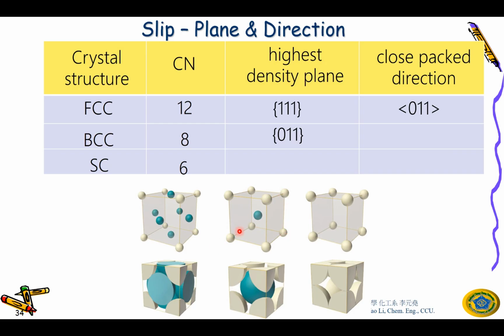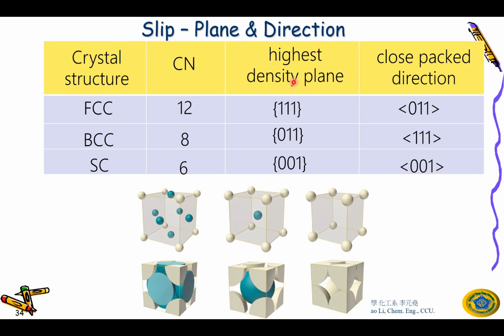And what's the close packed direction? 111. So this is the highest density plane and the close packed direction. For simple cubic, the plane is 001, and then the direction is 110 or 100.